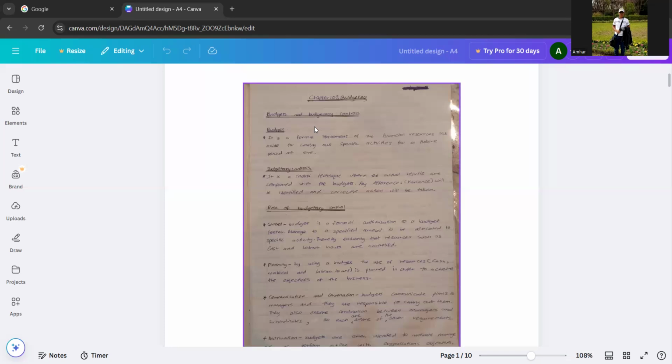And then communication and coordination. Budgets communicate plans to managers, and they are responsible to carry them out. They also ensure coordination between managers and subordinates, so each is aware of the other's requirements.